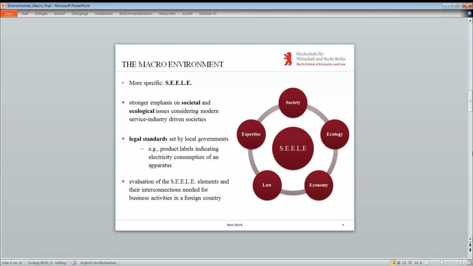When local governments in a foreign market set new legal standards in order to reduce environmental damage, for example, product labels that show the electricity consumption of a device, the new standard hopefully causes a change in customer needs and preferences. For example, product purchases with reduced power utilization.